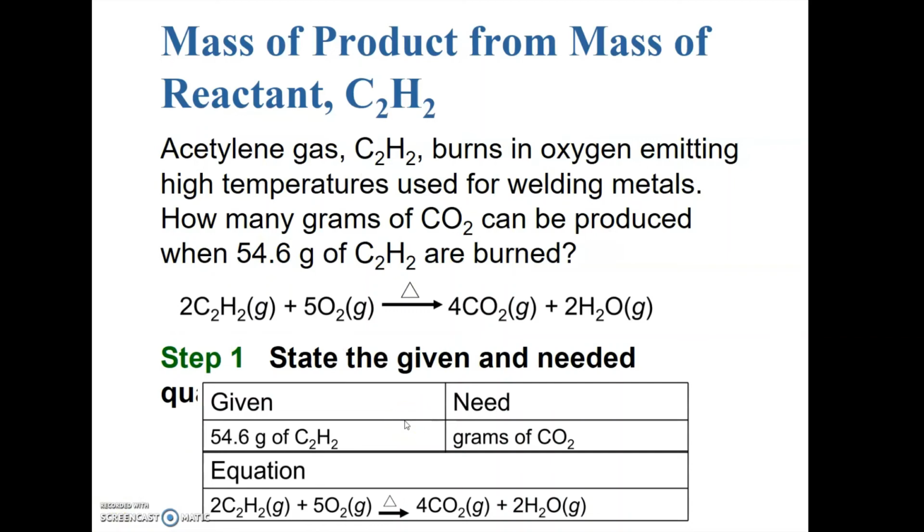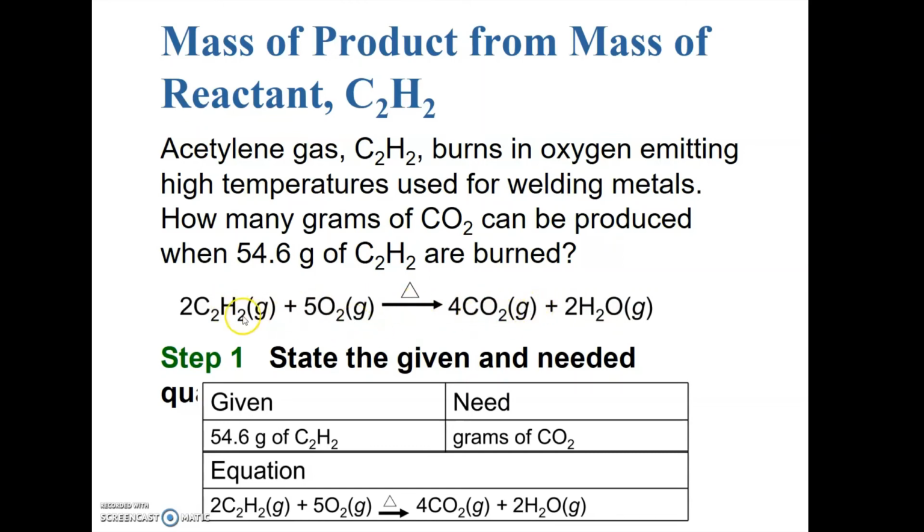In this problem, we are given the mass of C2H2, which is 54.6 grams, and we are asked to find the mass of carbon dioxide, which is produced in this chemical reaction, which is a combustion reaction.